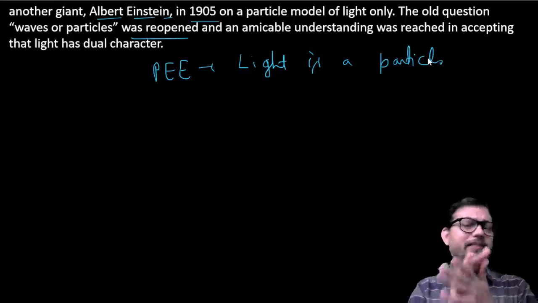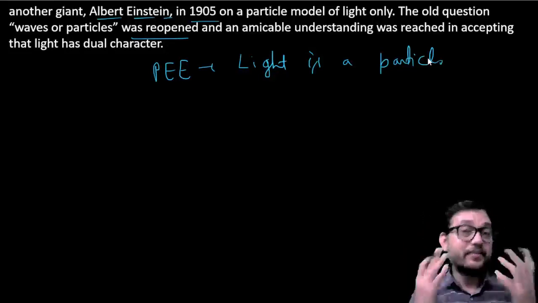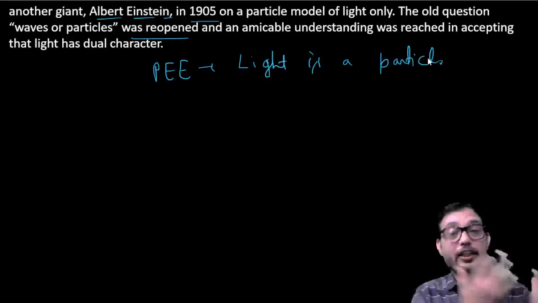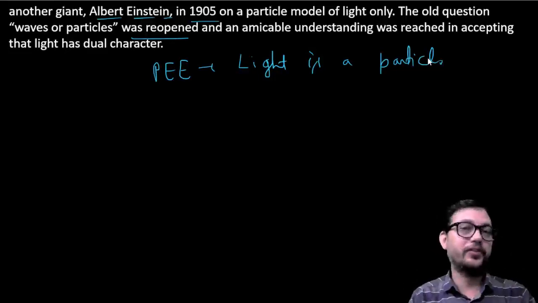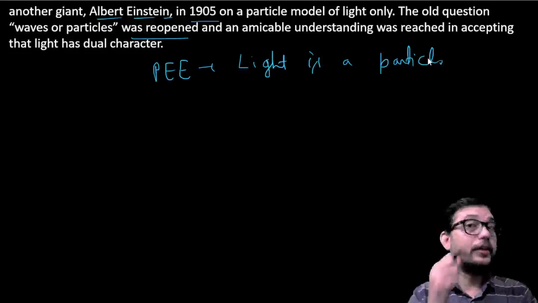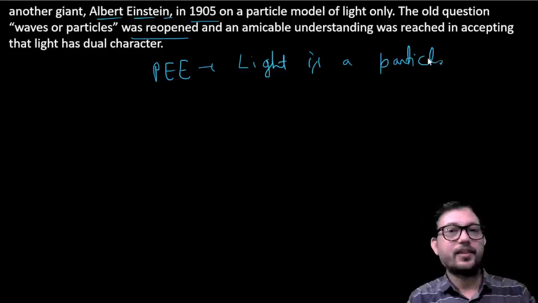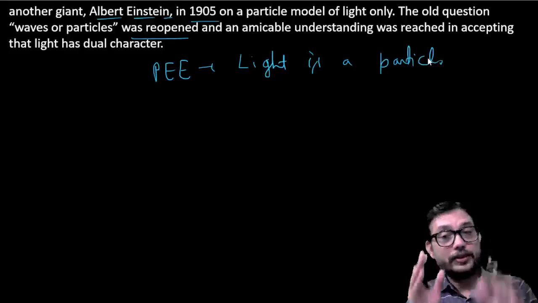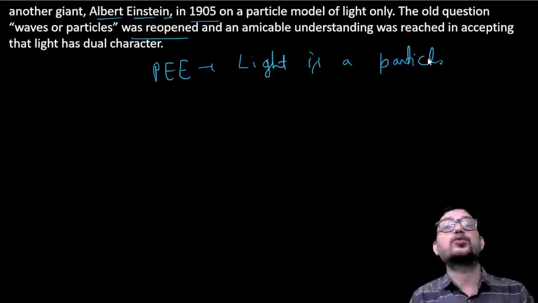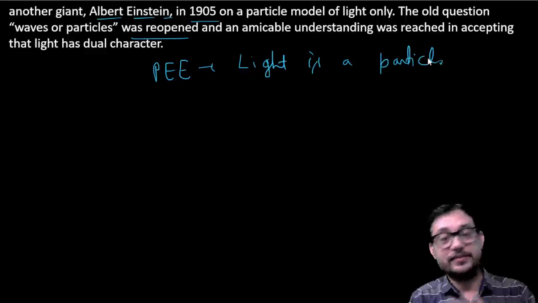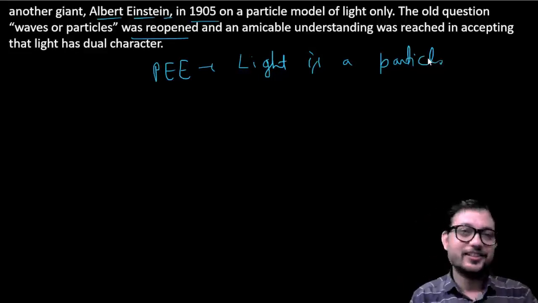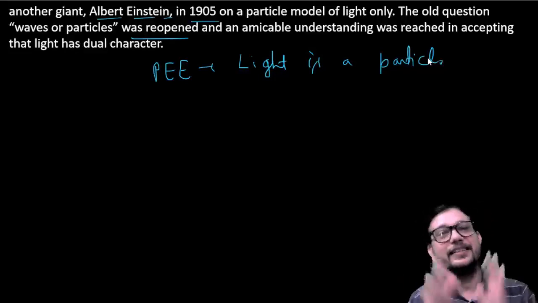So there are several observations and several experiments which were explained on the basis of wave theory, and they strongly suggest that light is a wave. And before and after those experiments, there are several experiments which explained that light is a particle.